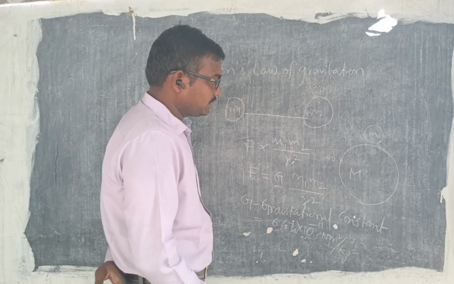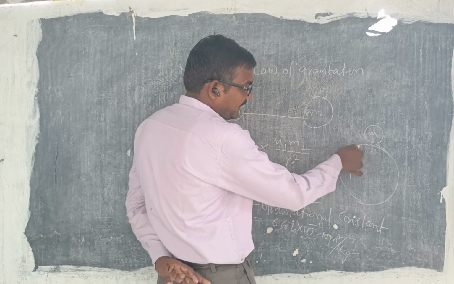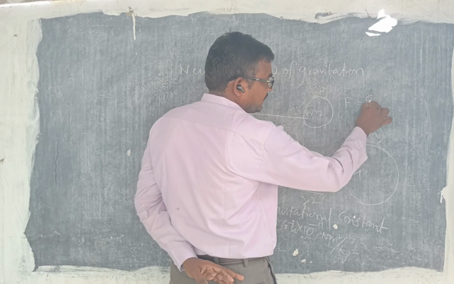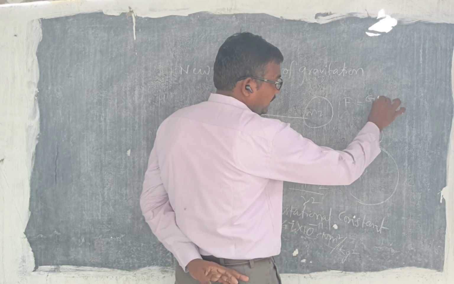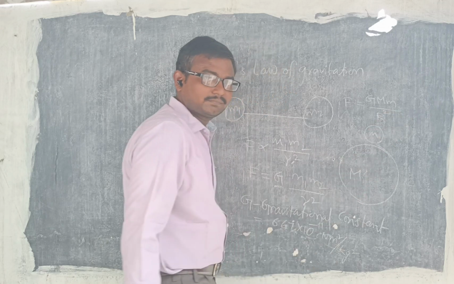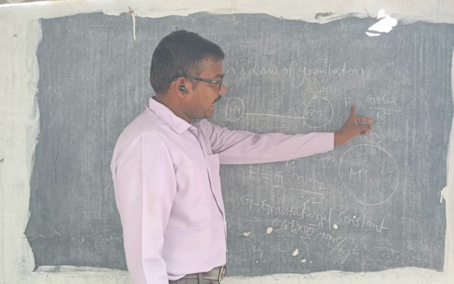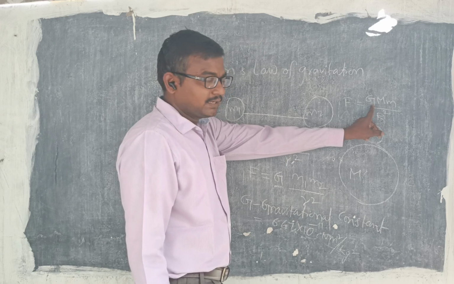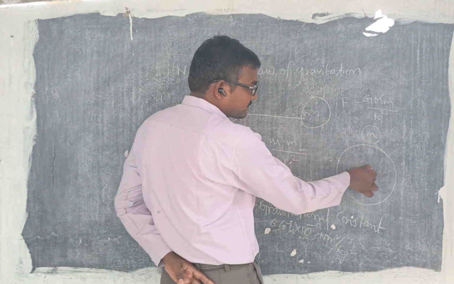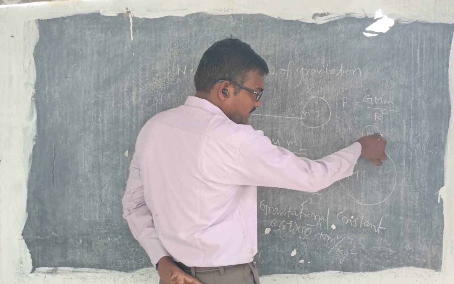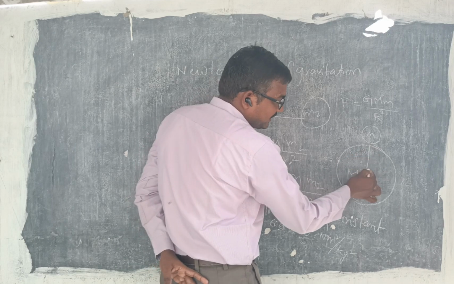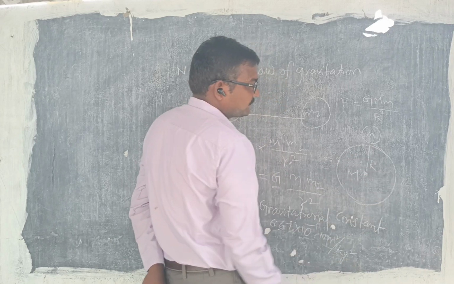So the attractive force F equal to capital G, capital M, small m by R square. Here capital M means mass of the earth, small m means mass of the object. R is the radius of the earth.